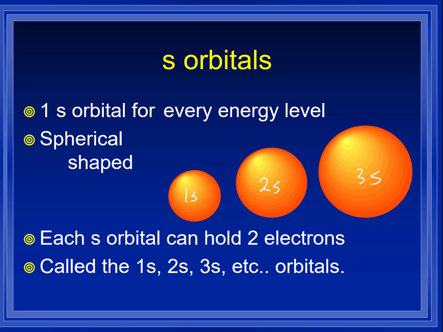And to say how many electrons there are, I can either put a 1 or a 2 as a superscript. The superscripts tell you how many there are. I will never write a number bigger than 2 next to s, because s can only hold 2 electrons.